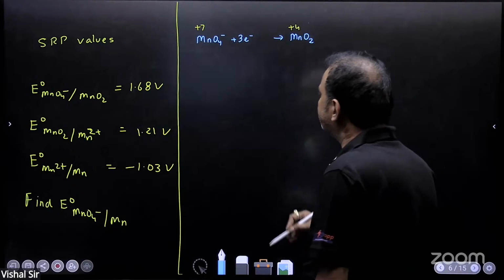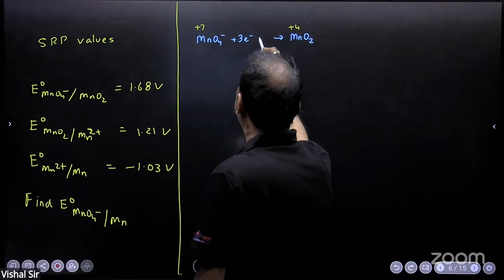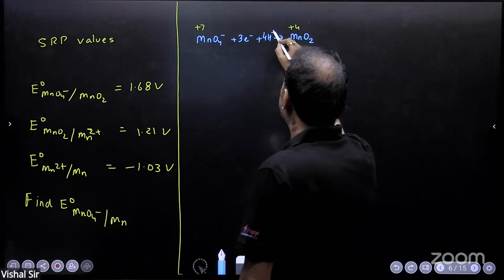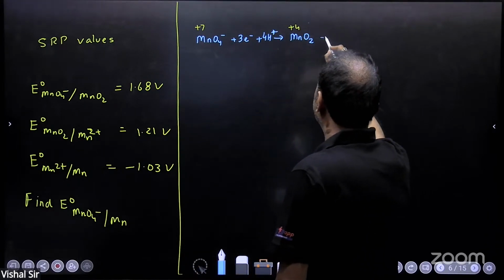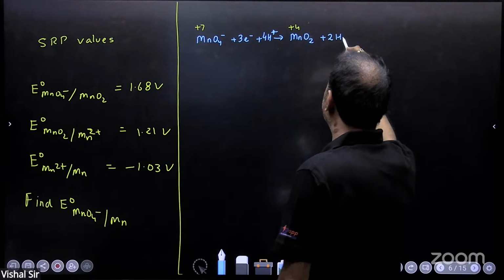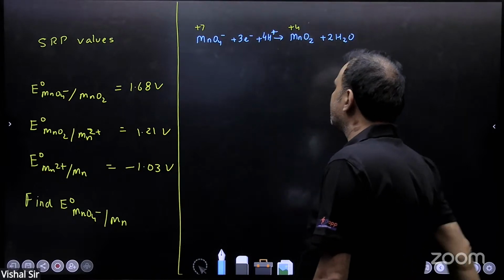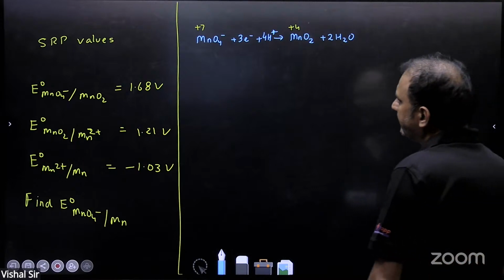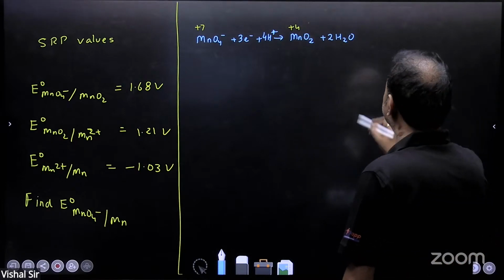So for charge balance, I will have to add 4H plus. And for hydrogen balance, I will add 2 water. So this is the balanced reaction, with 3 electrons.